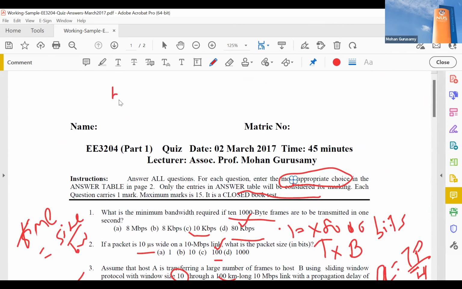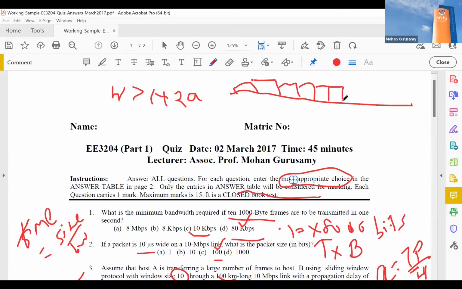If W is greater than 1 plus 2A, as I said, very simple. You just draw the timeline diagram. If W is greater than 1 plus 2A, the utilization is 1. Right?